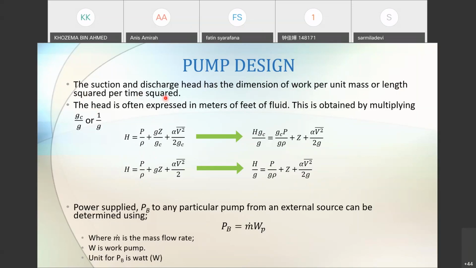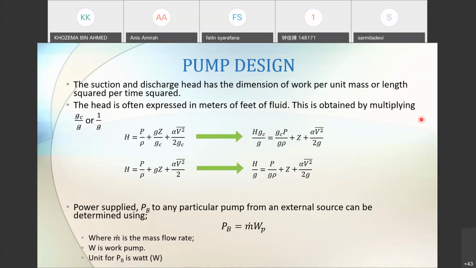Now we want to make sure that our head is expressed in the unit of meters or feet of fluid, which is the unit of length.